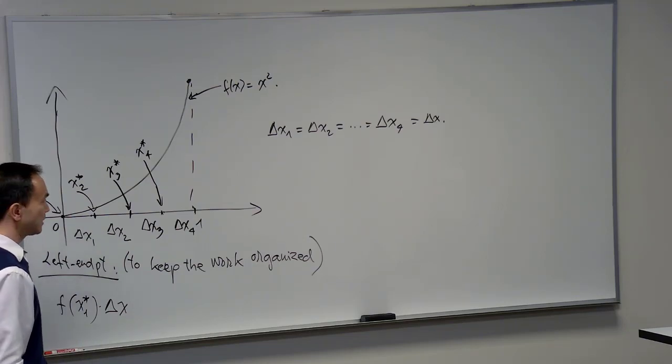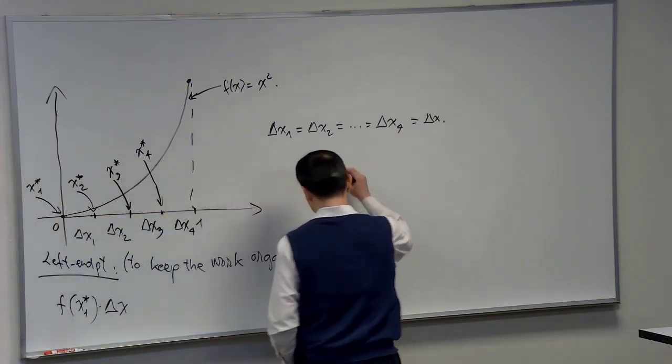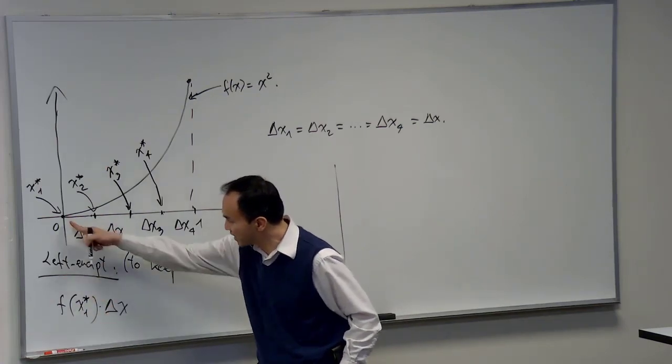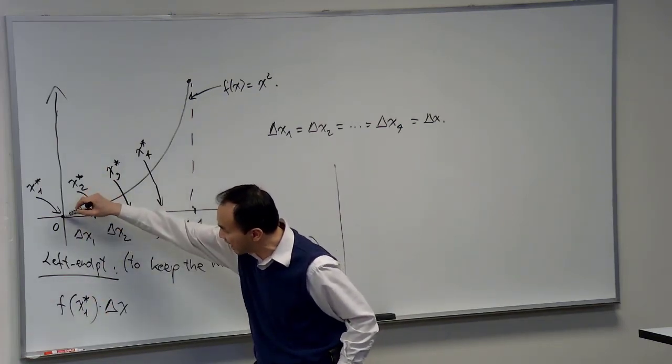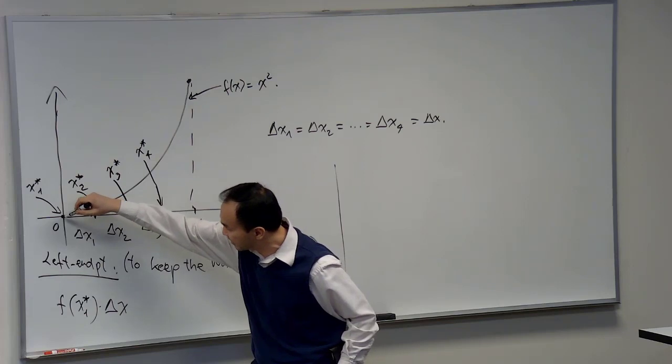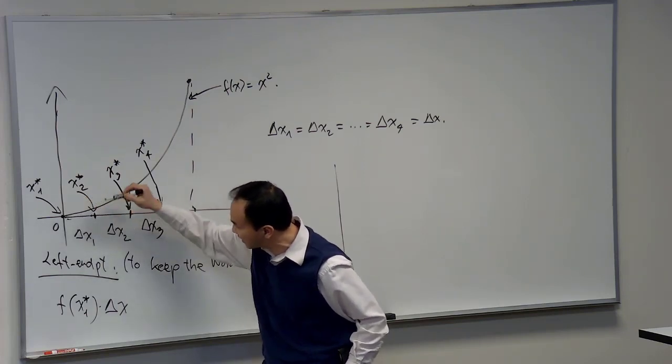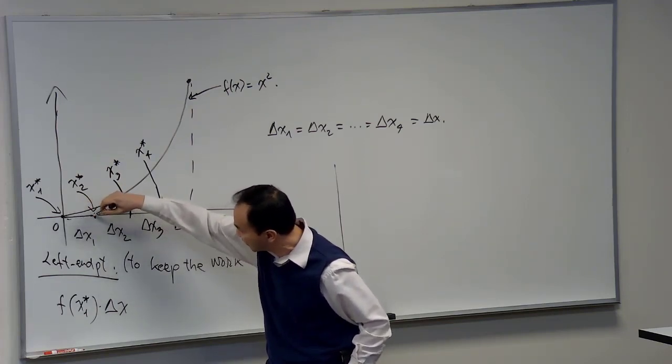But then think about the picture. The function evaluated at the sample point means what? It gives you the height. And the height multiplied with the width right here gives you the area of a rectangle.